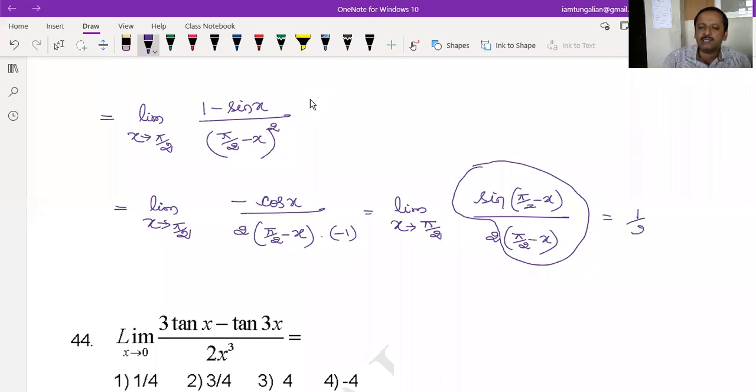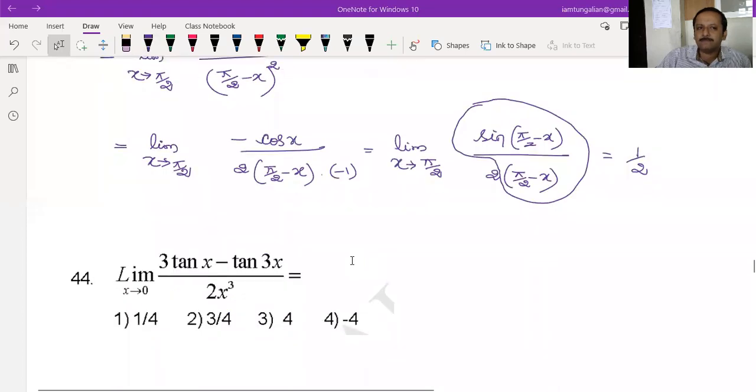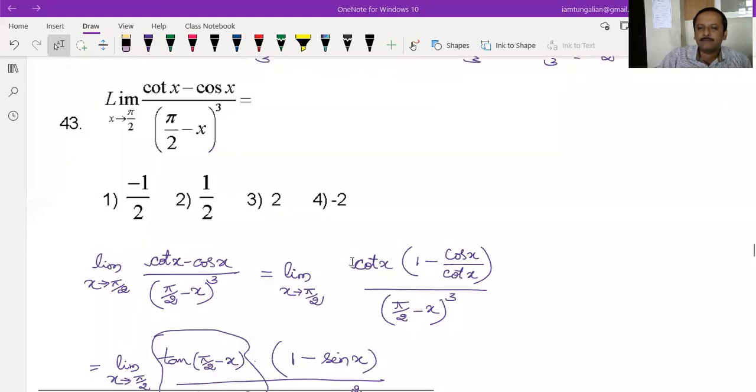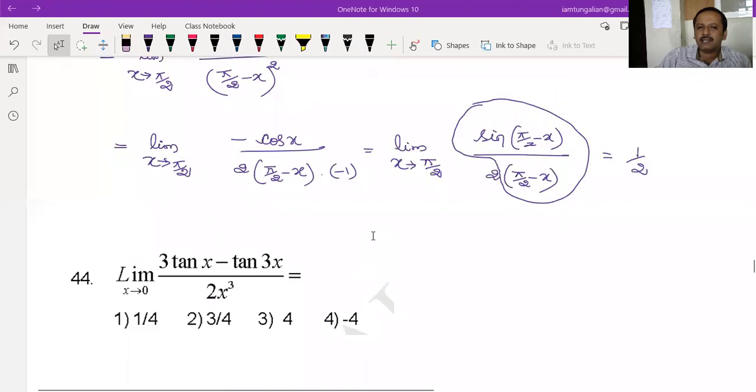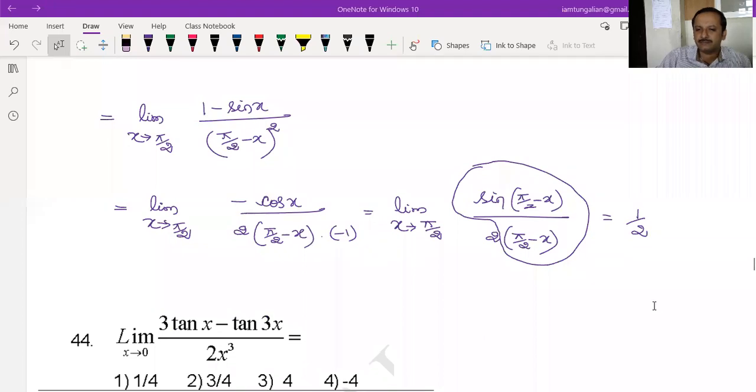So the answer is 1 by 2, as x tends to pi by 2. Is that clear? 1 by 2, which means the second option is the right answer.